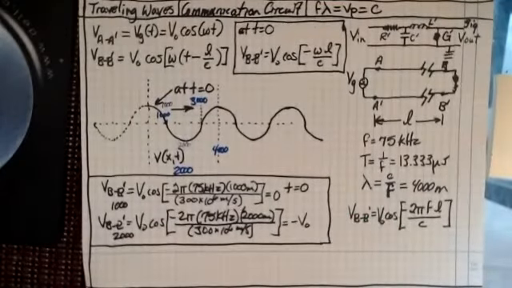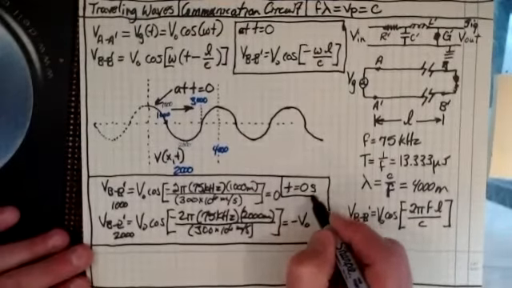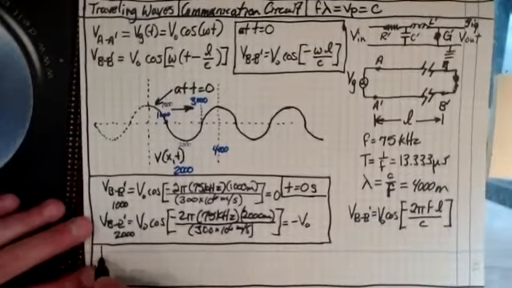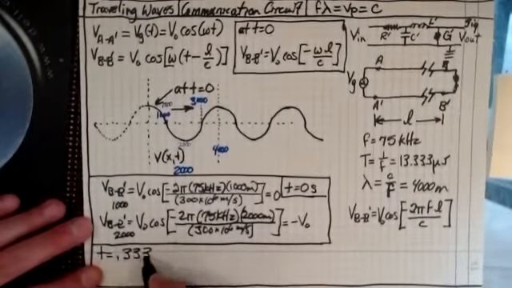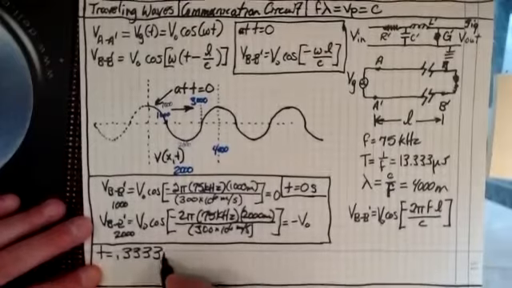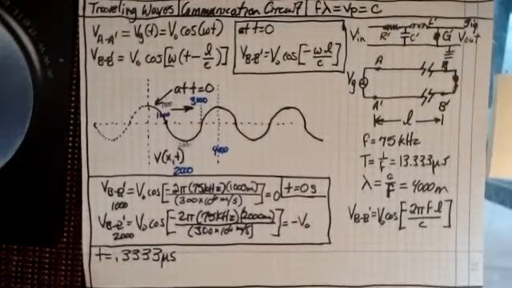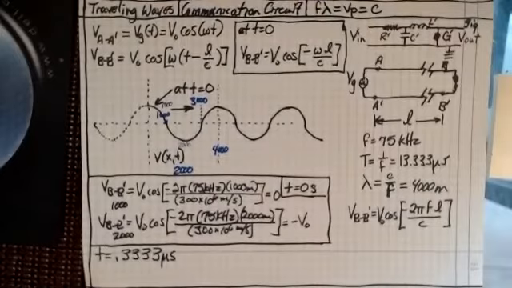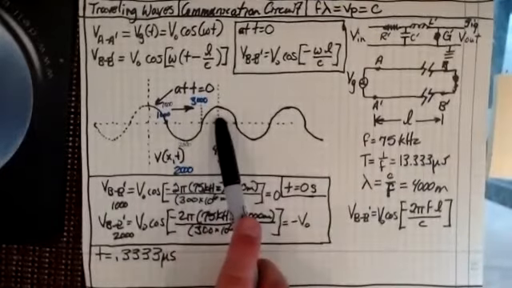What about when t equals 0.3333 microseconds? You're probably thinking, isn't that 1/3 of 13.33333 microseconds? Yes, it is. 13.33 is the full cycle, isn't it?